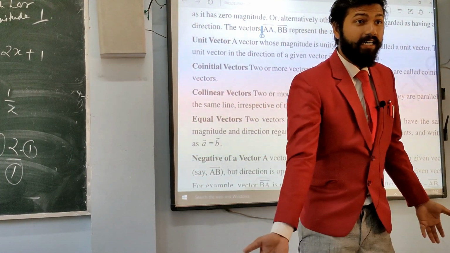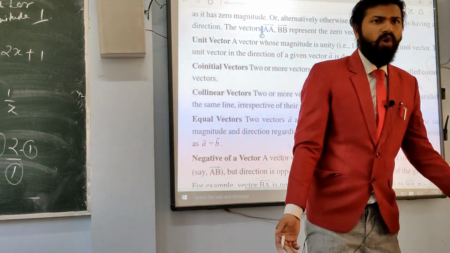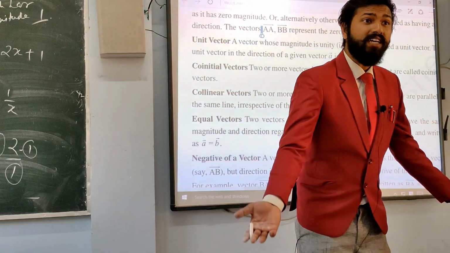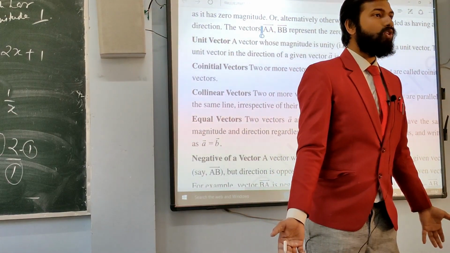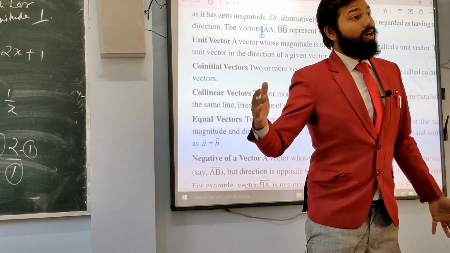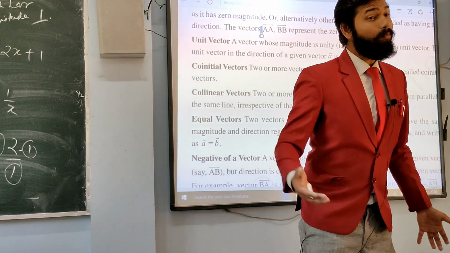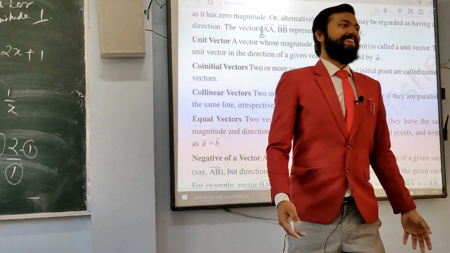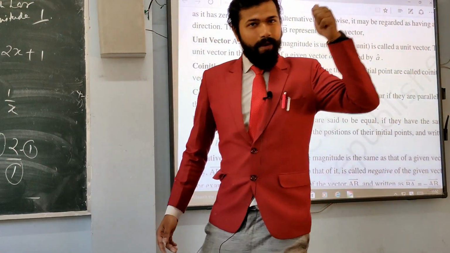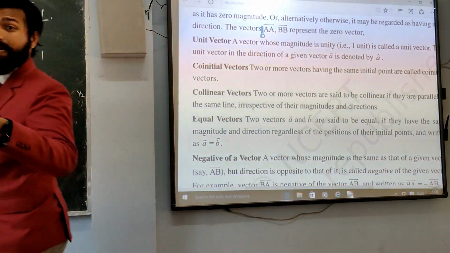Length, meter. Mass, kg. Why units are important? To measure, to calculate the bigger amount. Understood? And here, unit vector is why important? To represent direction. The main purpose of unit vector is to show direction.